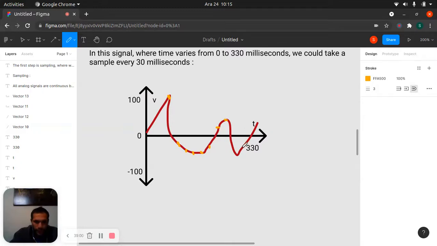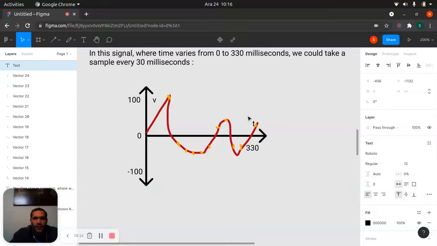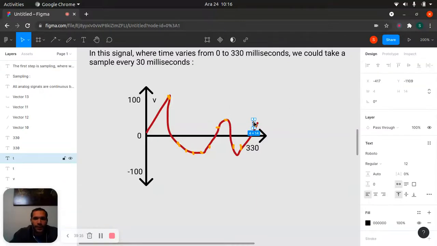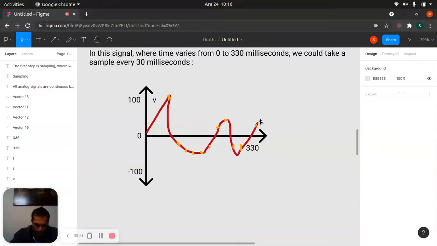The first one is 1, the other one will be 2, and the last one will be this. Let's do it something like that. Anyway, tag this T here, it will be good. The V can be here. I told you I'm sorry for the plotting. It is not good, I believe that.